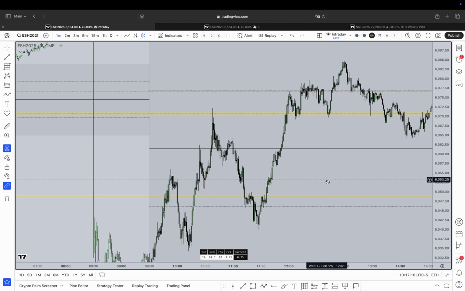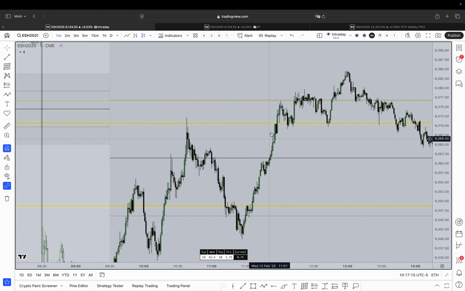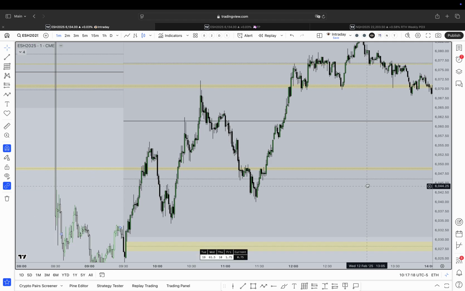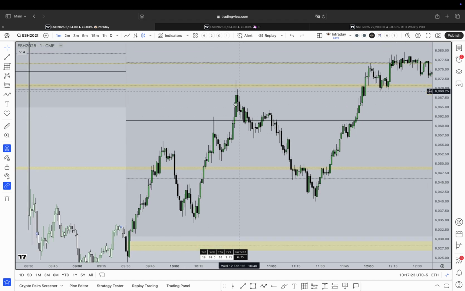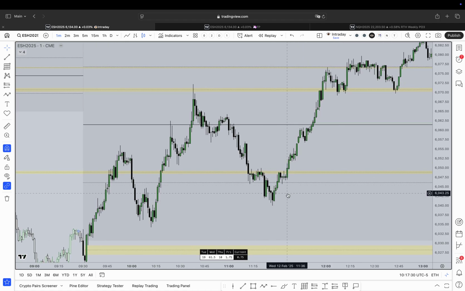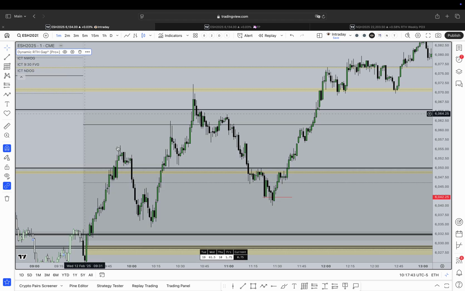That's a rule that I have, because many times price comes back again to discount. So I prefer to look for a long if we are closing above this consequent encroachment. You wait for a retracement and look, for example, this was really nice. We have first presentation, we have this stop run here, and we were trading also inside at the 50% of this new week opening gap here.